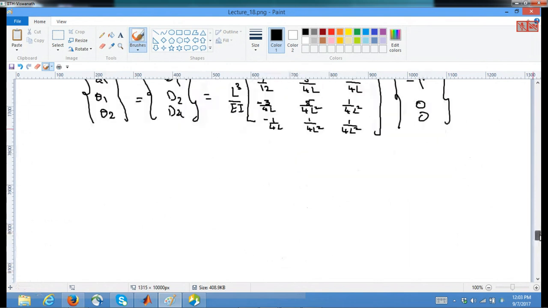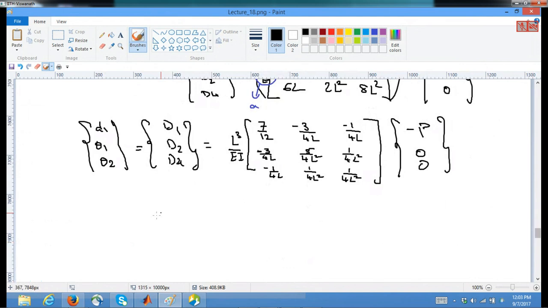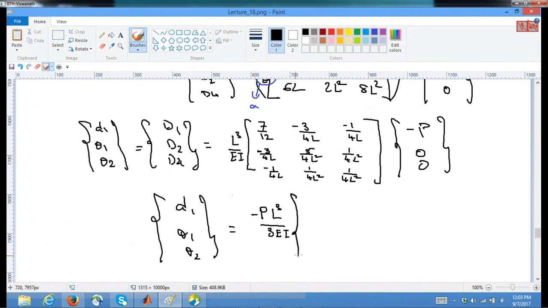D1 is equal to, if you just multiply it, only the first column would sustain with a minus sign multiplied with the P, so I can easily write D1, theta 1, theta 2 as P L cube by 3EI with a minus sign.